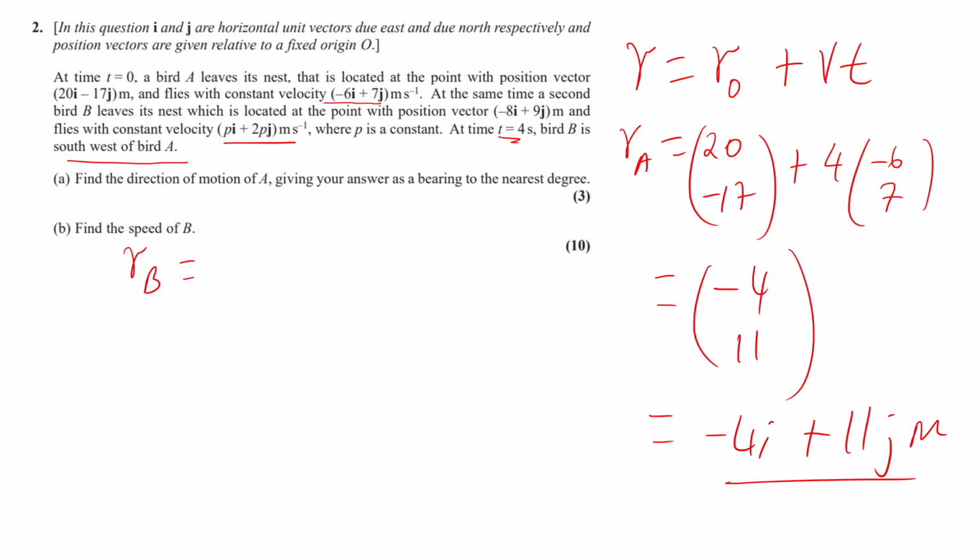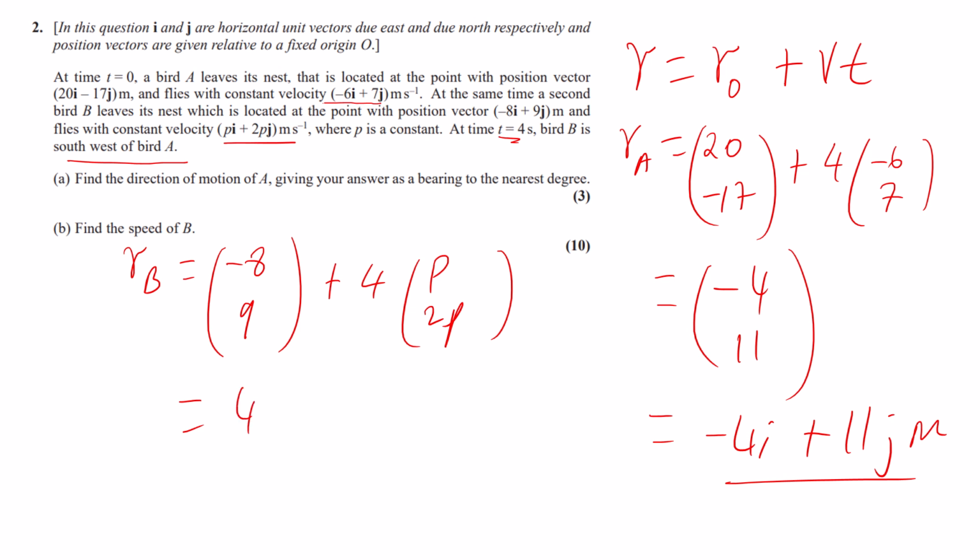Now let's get the position of B, RB. The position of B is going to be the initial position of B, which is this one, minus 8, 9. That's where it was at the start. And then the displacement. The displacement is time times the velocity, which is P and 2P. See that? Now, if I simplify this, 4P minus 8. 2P times 4 is 8P minus 9.